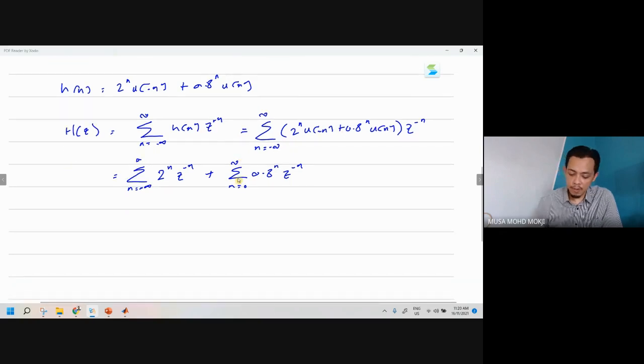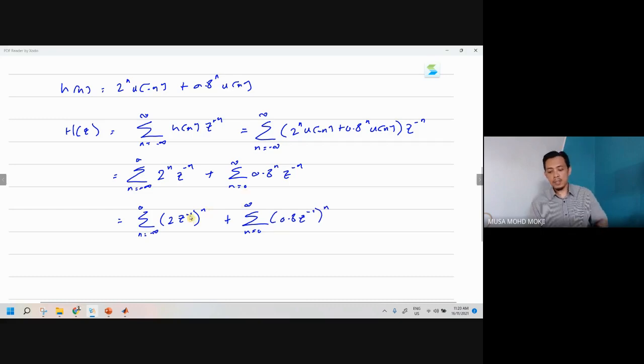And from last week, how can we do this? Actually we can write this as the sum from n equals minus infinity up to 0 of (2z^-1) to the power of n, plus the sum from n equals 0 up to infinity of (0.8z^-1) to the power of n.